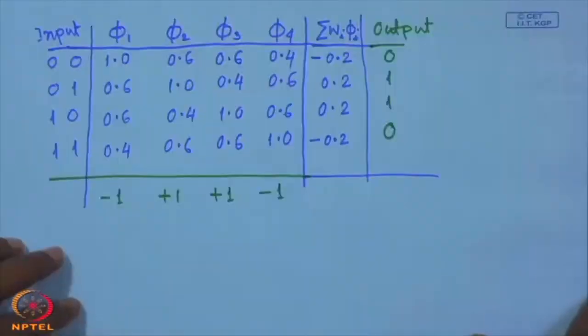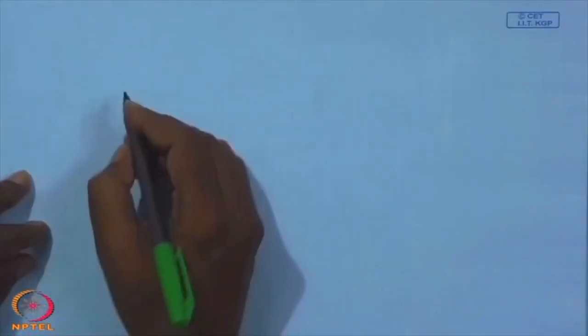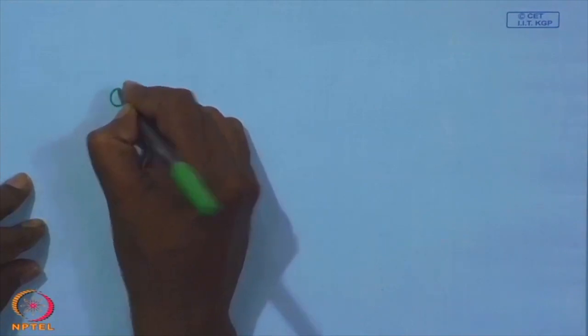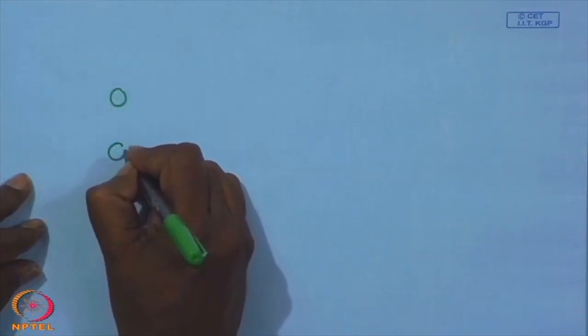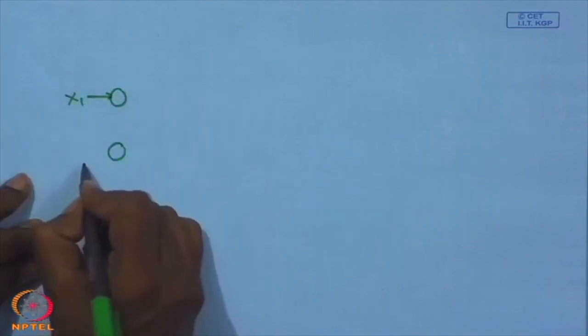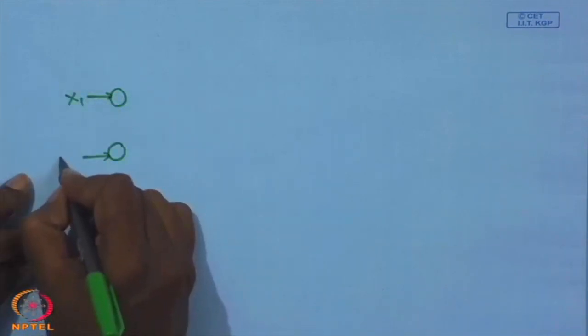So, over here the architecture of the radial basis function network that we have used is, we had 2 input layer nodes, where x 1 is fed to one node and x 2 is fed to another node.